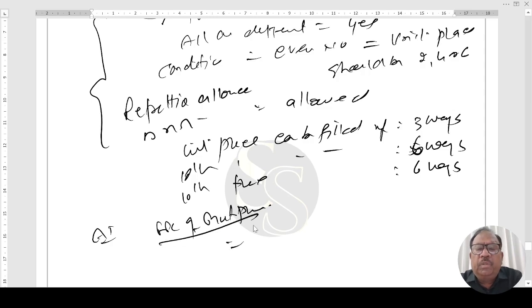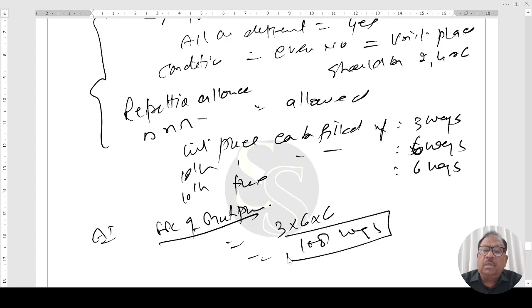Total number of 3-digit numbers with the unit even number will be 3 into 6 into 6, that is 108 ways. That is the answer. Next question.